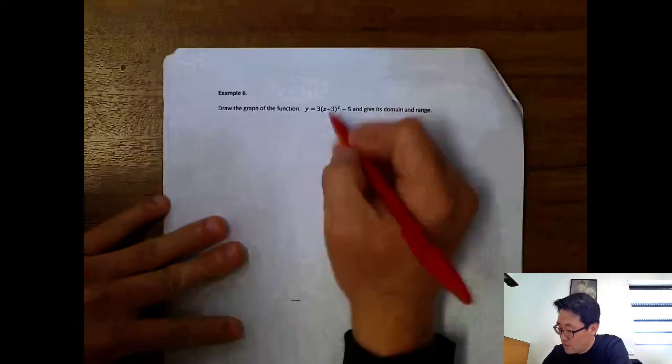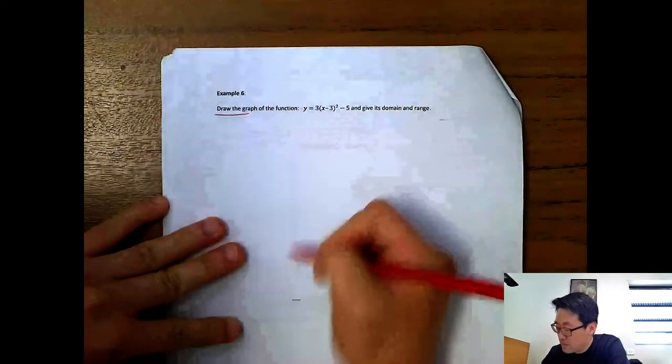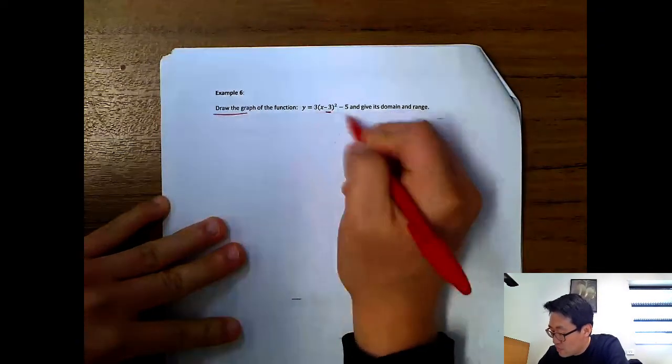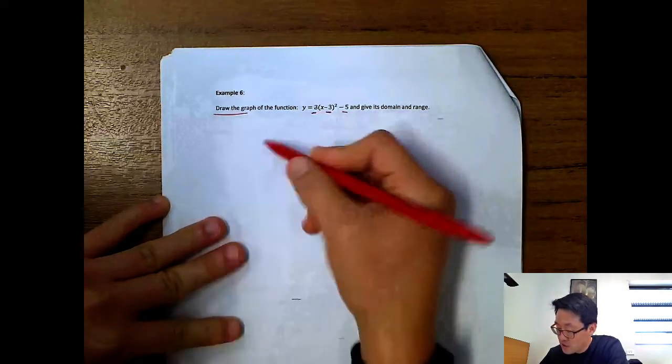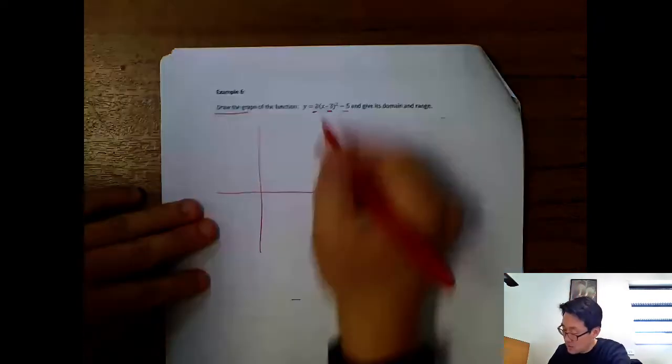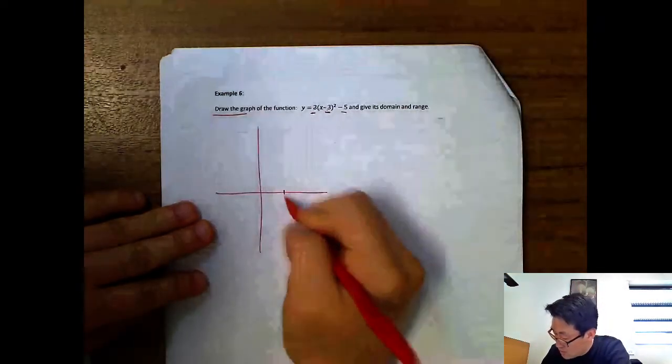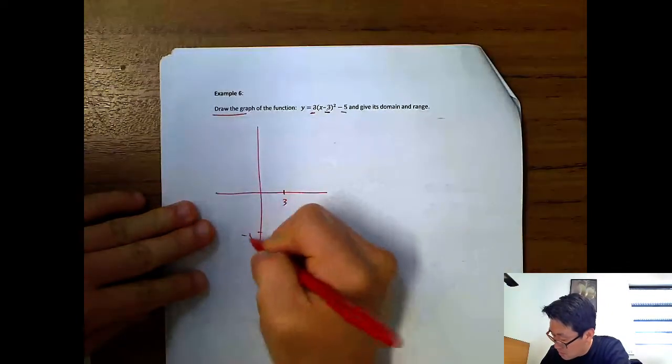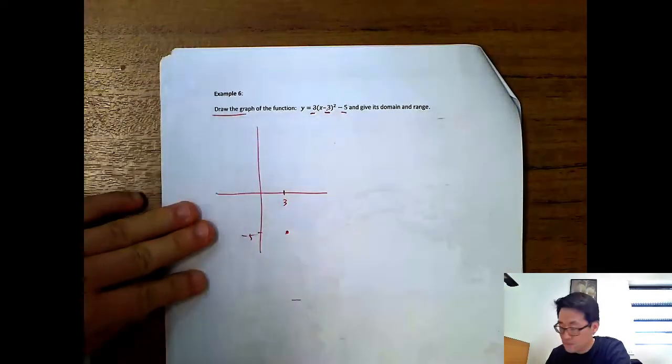Everything is the same. Draw the graph. Oh, that's positive 3, narrower. Move 3 and -5 here.